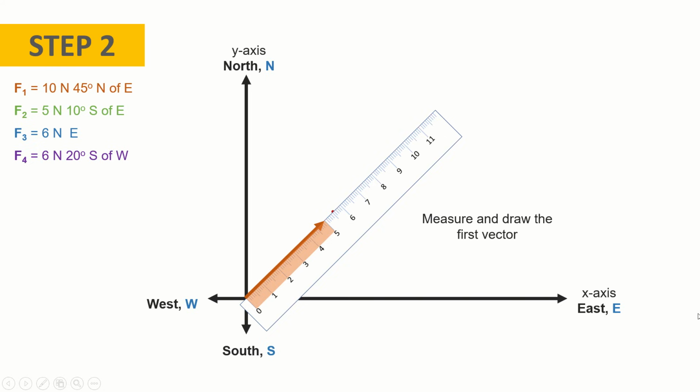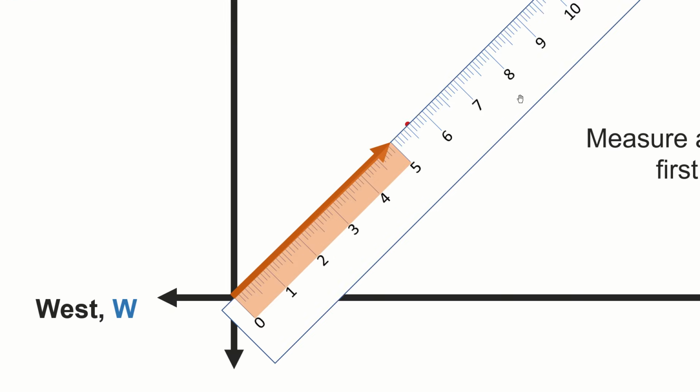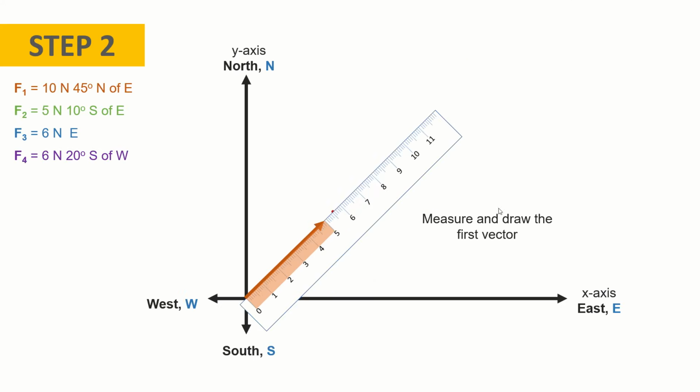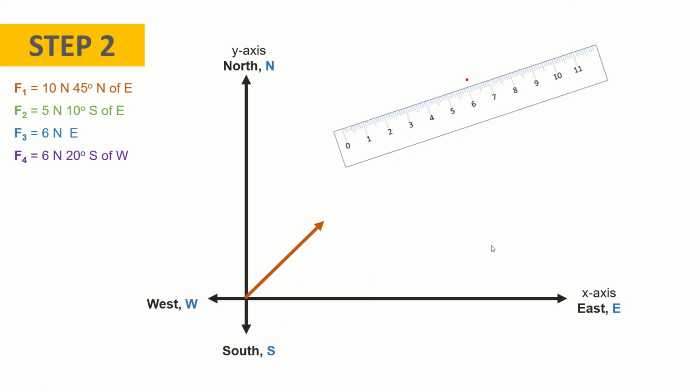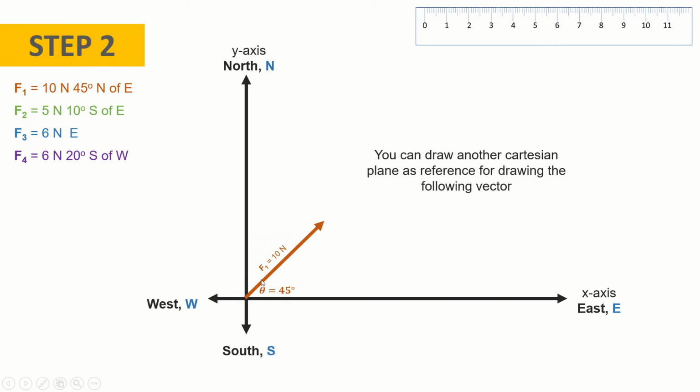This will be our force vector number 1. We said every half centimeter represents 1 newton. Therefore, this is 1 newton, 2, 3, 4, 5, 6, 7, 8, 9, and 10 newtons. That will be our force vector number 1. So F1 is 10 newtons, 45 degrees, and our direction is north with respect to our east line.